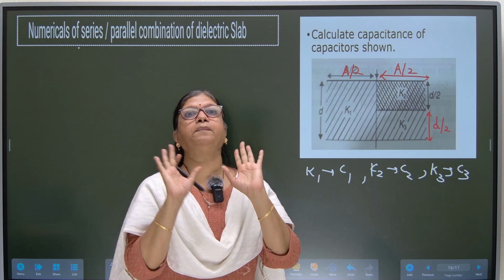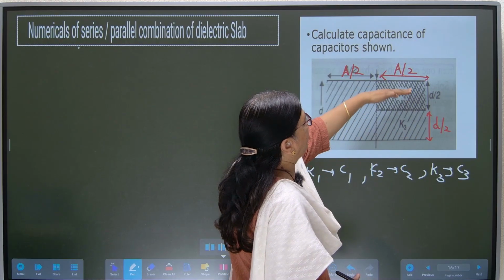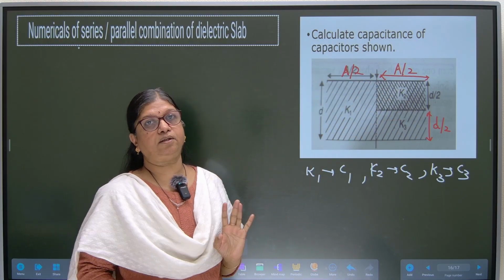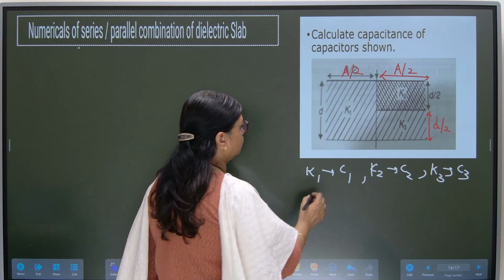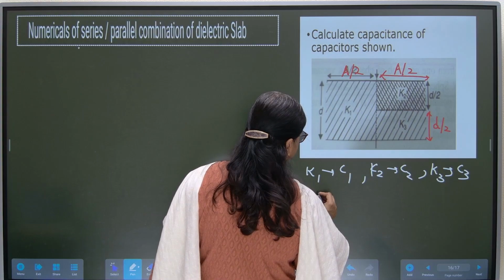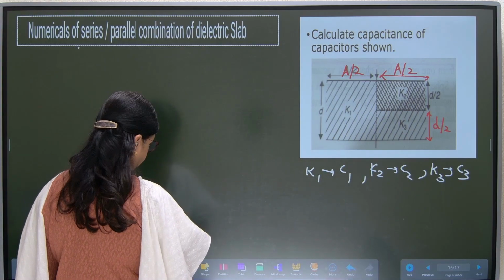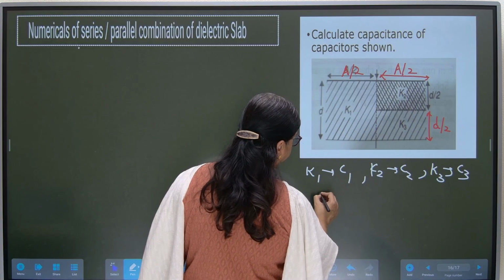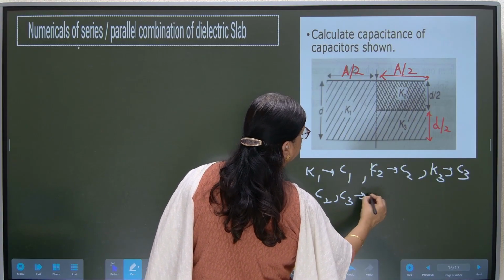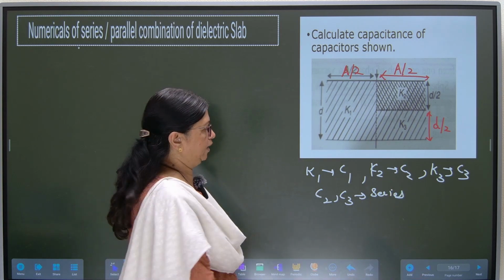For that, remember the trick. K2 and K3 are parallel to the plate, so they are in series. So we have C2 and C3 in series.